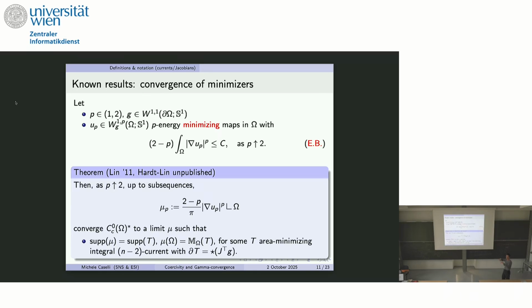Just that if you read the statement in the survey, I think it's not true that T is area minimizing among all currents. So this is the first result, which for p-energy minimizing maps is exactly a formalization of this idea that the limit map connects the vortex charges of g with minimal energy, with minimal area.